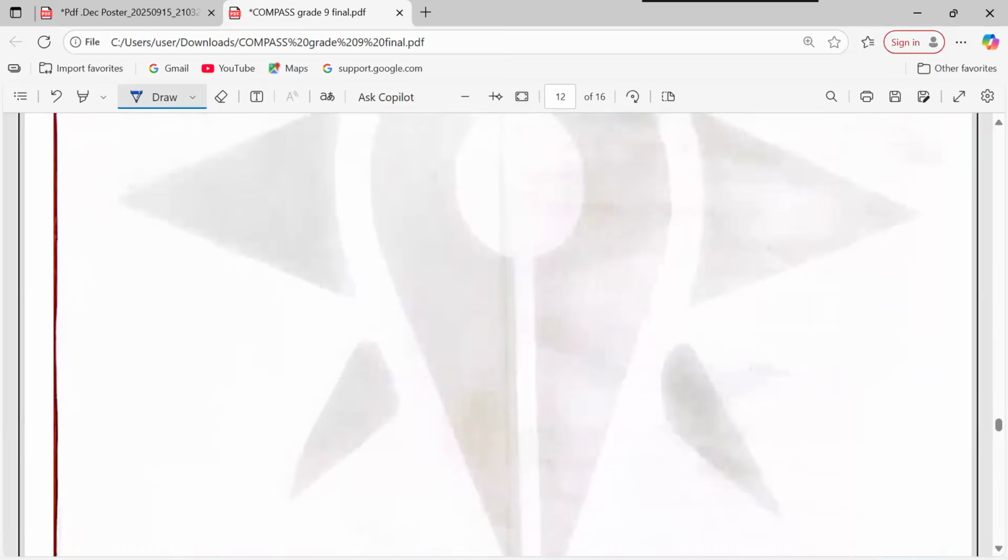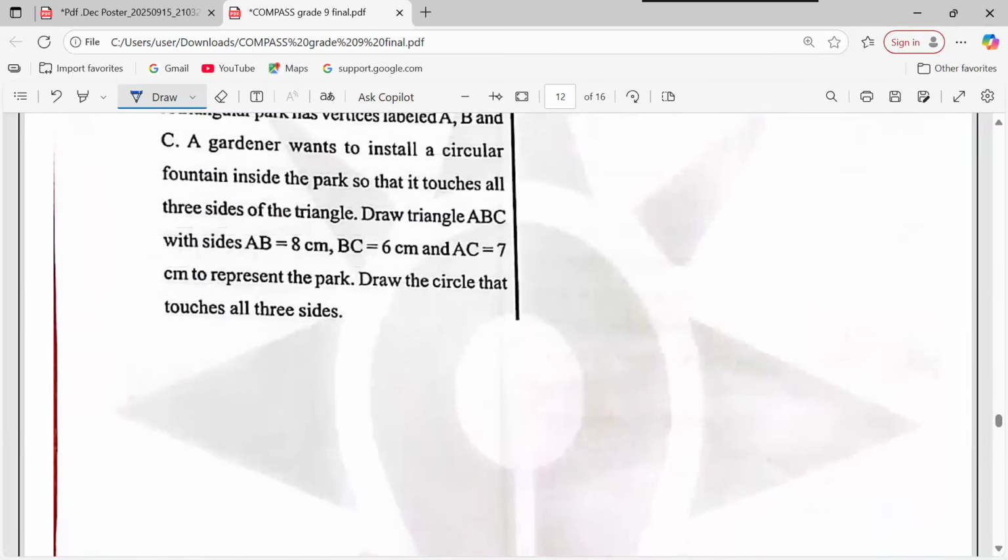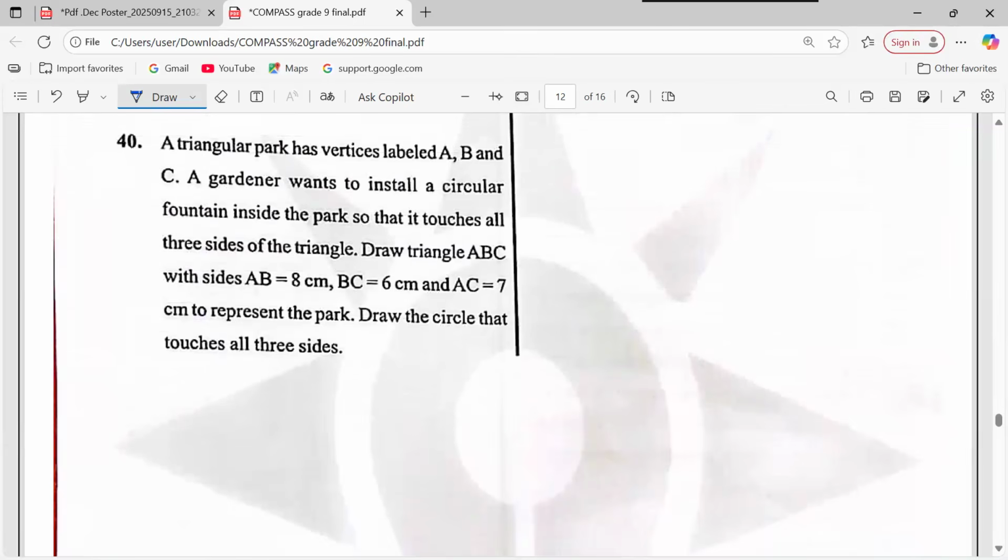Due to lack of some equipment here, I might just demonstrate how this one should be done. But anyway, we're going to see what happens in number 40. So we start by doing a triangle. A triangular park has vertices A, B, and C. Then a gardener wants to install a circular fountain inside the park so that it touches the three sides of the triangle.